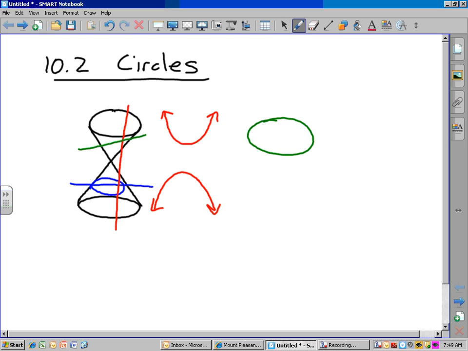Eggs usually are not, but that would be an ellipse. So we have circle, hyperbola, ellipse. Which way do you cut the ellipse? Diagonal through one half of the cone.